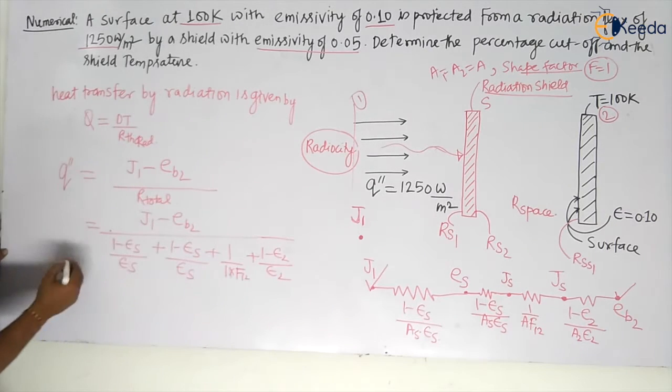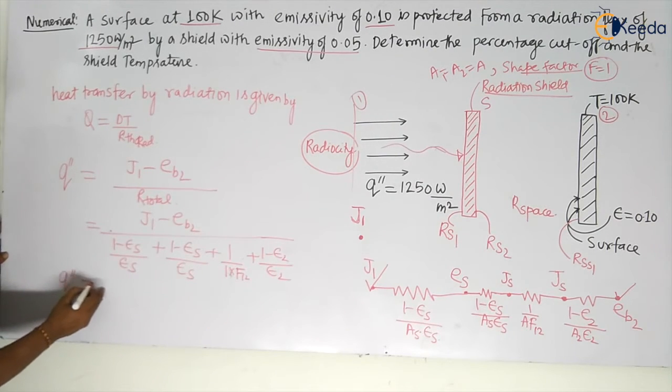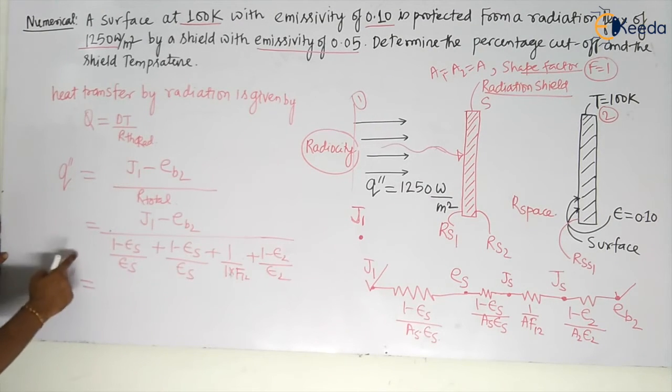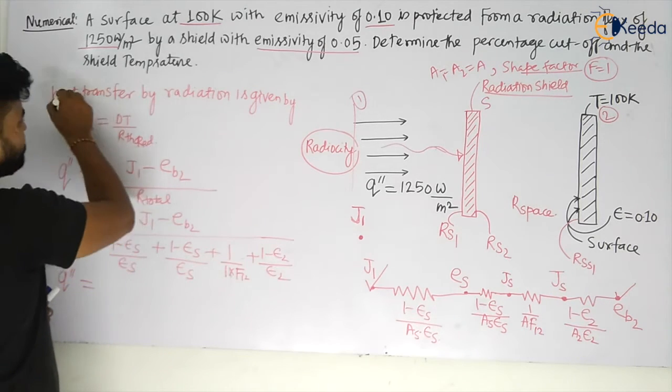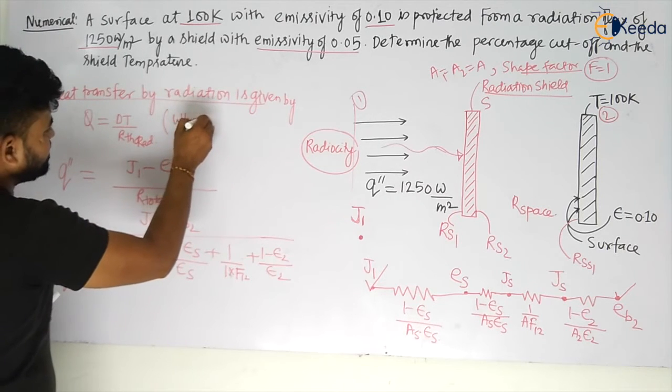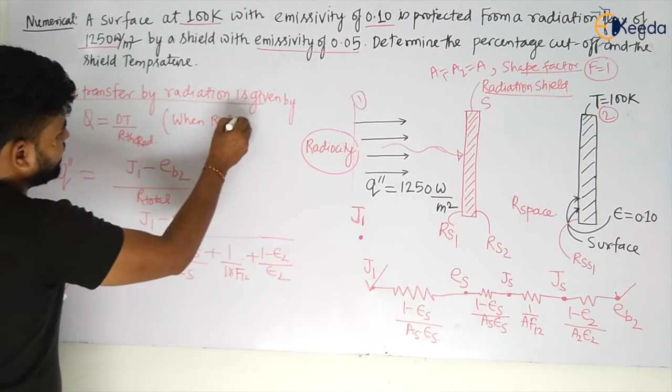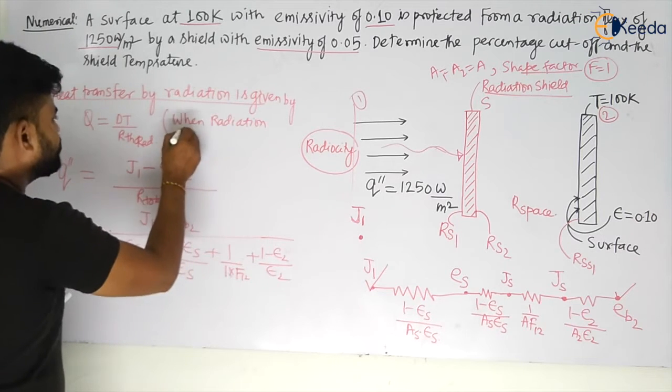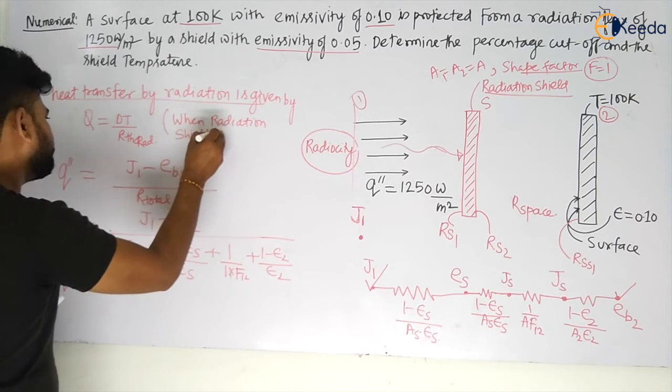Let us put all values. So Q star, that will be the heat transfer by radiation when radiation shield is there, when radiation shield is introduced.